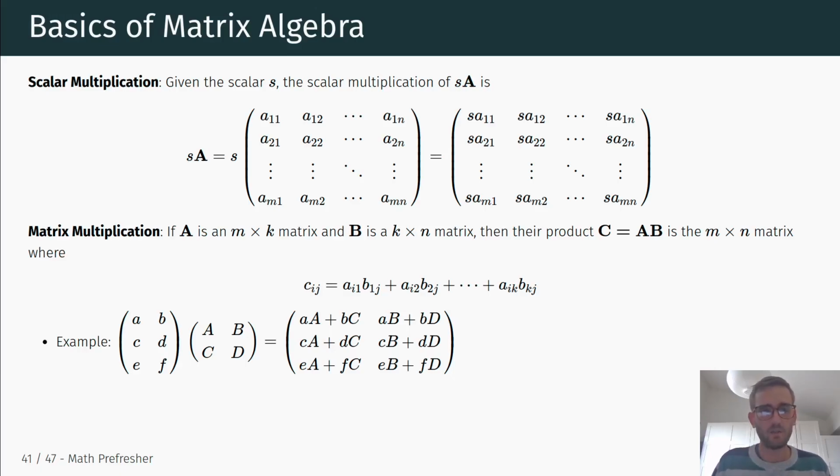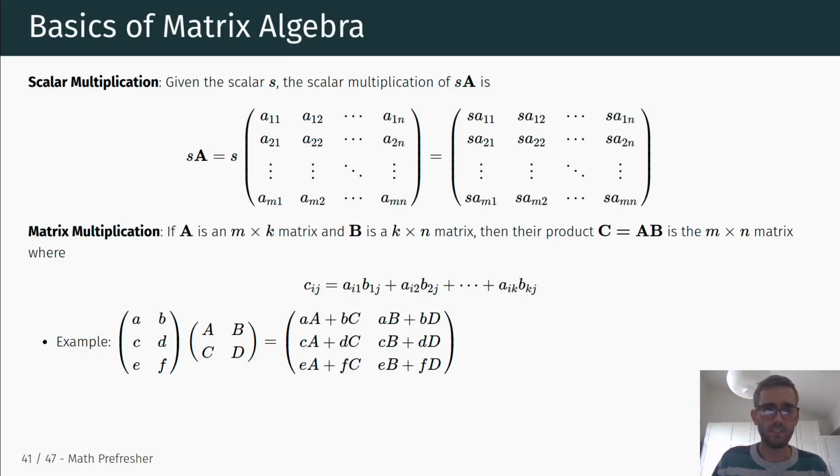Now the first row and first column element of that product will be, in the first matrix, we go through the first row, the first element A, times the first element in the first column of the second matrix, A. So A times A plus B, the second column of the first row, times C, the second row, first column.